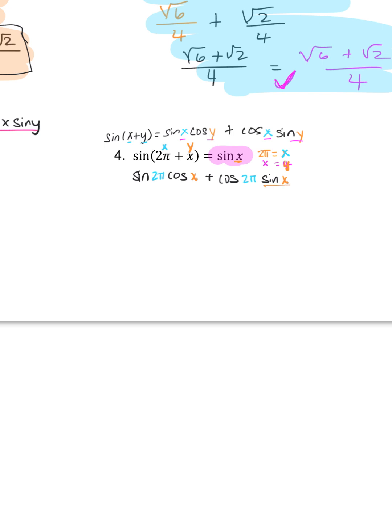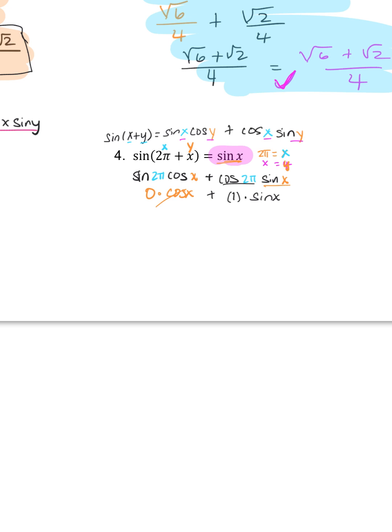All right, so let's see what we do. So now we want to find the values. Well, sine of 2 pi, that's 0. So sine of 2 pi, this is 0, times my cosine of x. Well, that just cancels, which is good because I don't have any cosine in my answer over there. Plus the cosine of 2 pi, well, cosine 2 pi is just 1 times sine x.